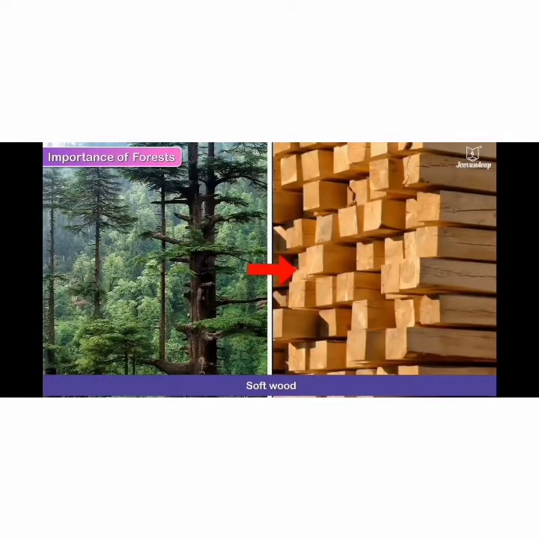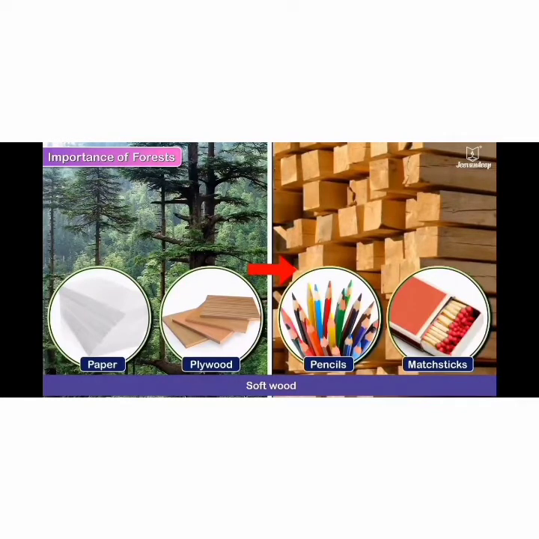And the soft wood, the wood pulp, is used to make paper, plywood, pencils and matchsticks.